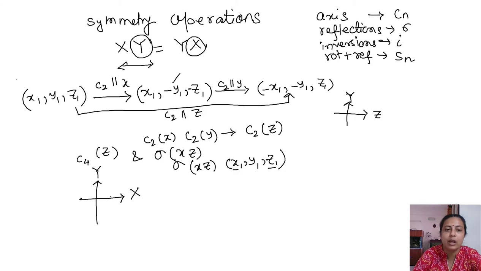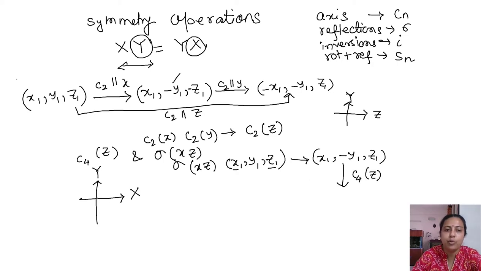If you do a sigma or mirror operation, that would invert the y coordinate. So that is going to produce x1, minus y1 and z1. Now you do a C4 operation along Z.